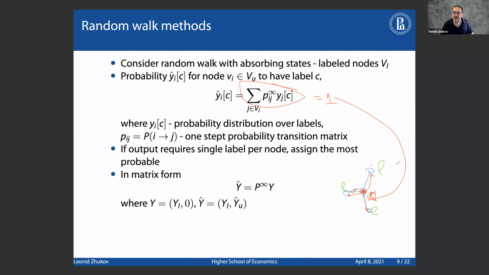If we have a red label somewhere, it will never reach it, and so the red label will not affect it.